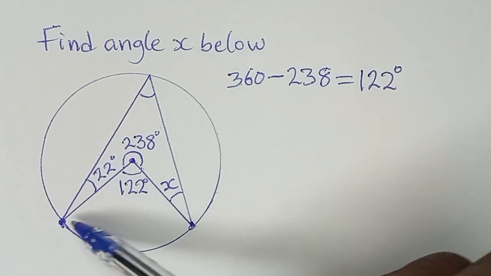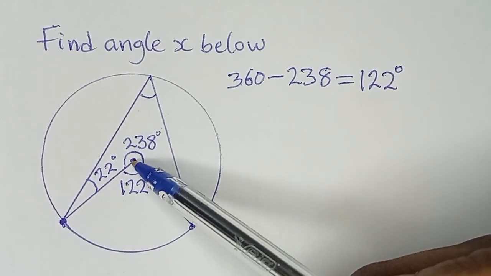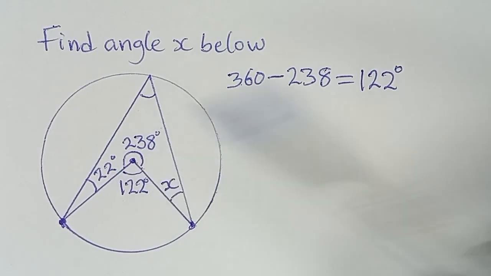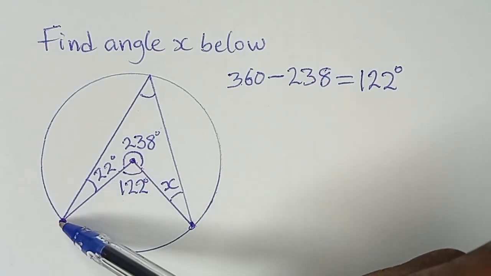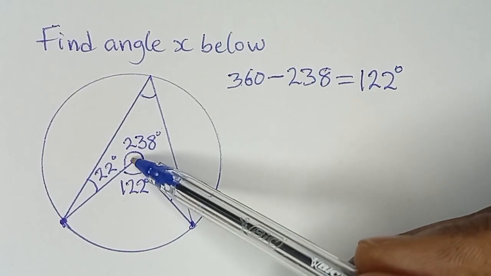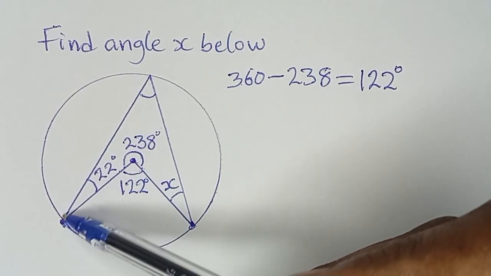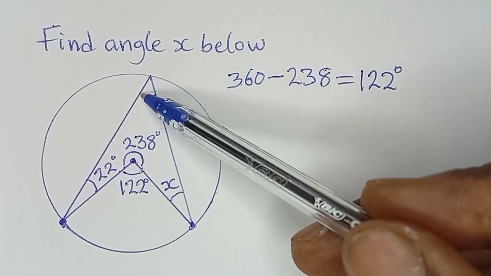In the same way, starting from these same 2 points, I have this line and this line going to the center of the circle to make angle 122 degrees. Hope you are getting it properly. These two go to the center and form angle 122 degrees, and these two go to the circumference to form this angle.